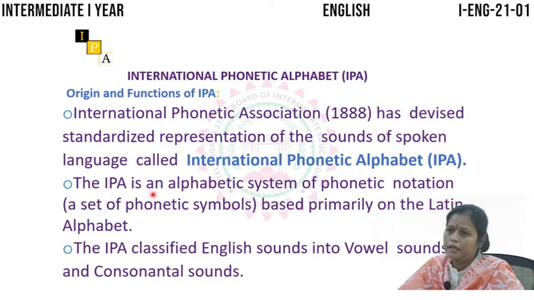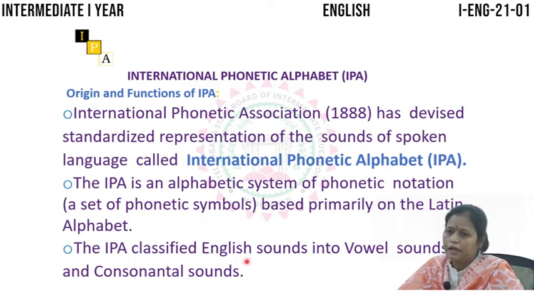The IPA is an alphabetic system of phonetic notation. Notation means nothing but a set of phonetic symbols based primarily on the Latin alphabet. So this IPA has given us an alphabetic system, that is, phonetic symbols, and these were taken from the basic language Latin.